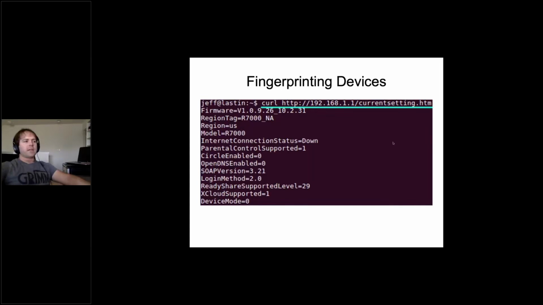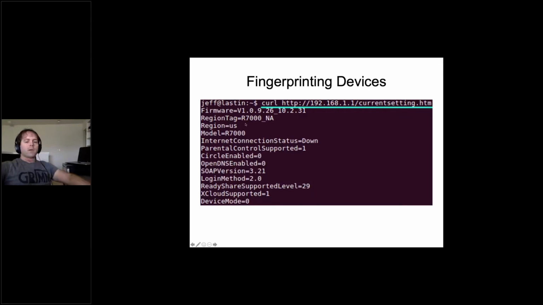And thankfully, Netgear has a very easy way to fingerprint a device. You can remotely tell what device you're attacking by browsing to this URL, which doesn't require authentication, so it's particularly bad. If you go to /currentsetting.htm, it will tell you what firmware image it's running, what the device is, and various other information.